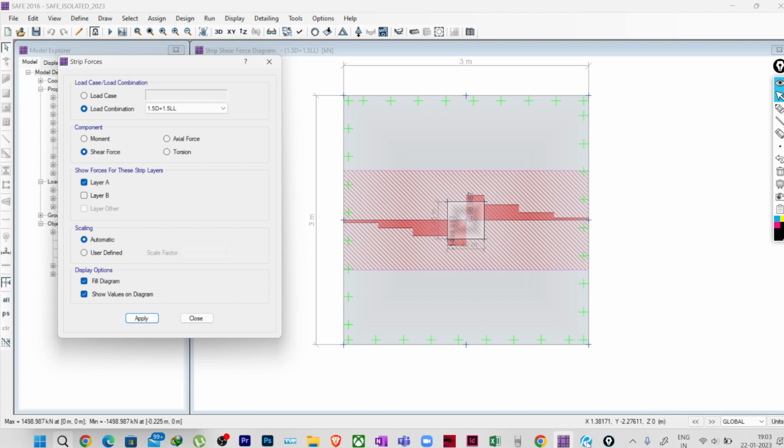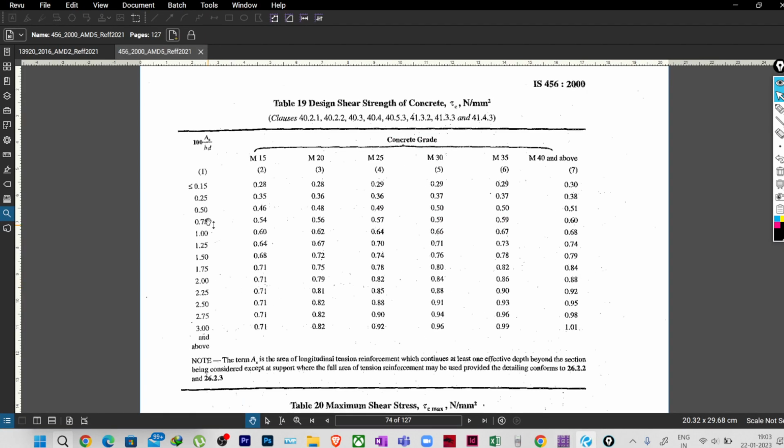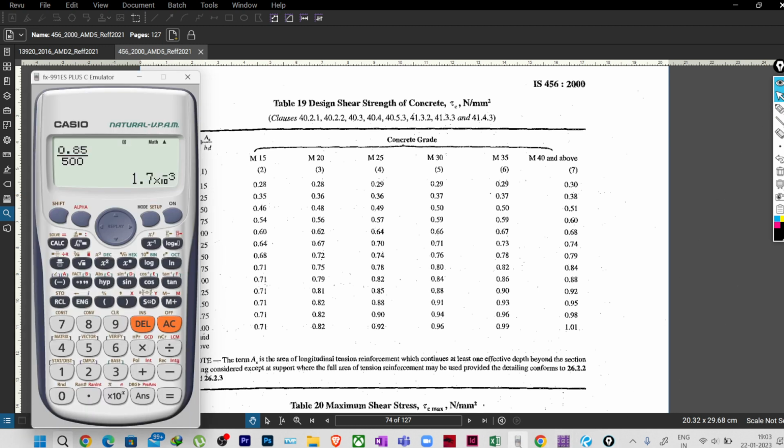Initially when finding out the thickness, we can go with the minimum reinforcement, which we will be providing for sure even if not required. Then only we can find out the depth easily. So the minimum reinforcement percentage is 0.17. For 0.15 you can do the calculation.